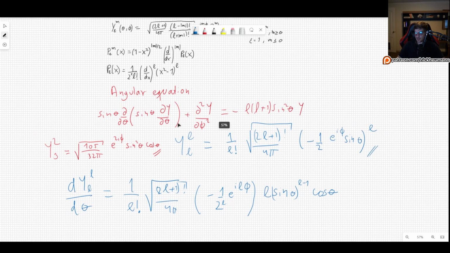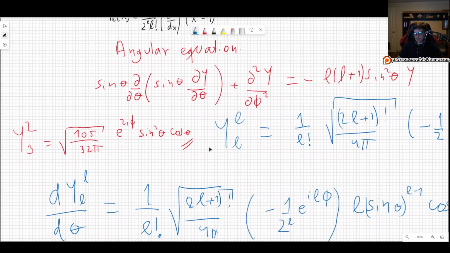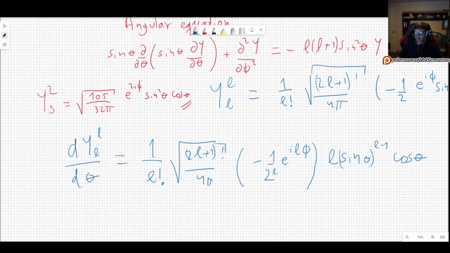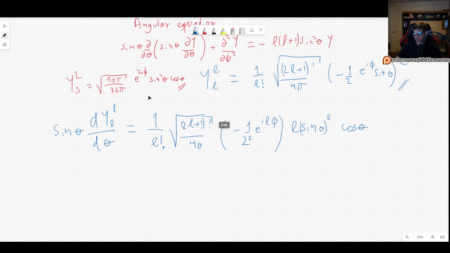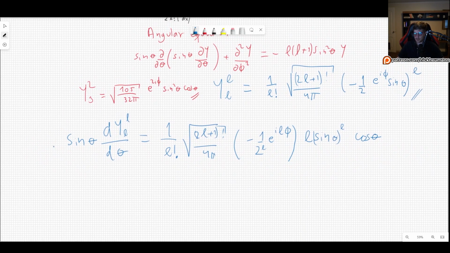That's the derivative. Then we need to multiply this by sine. So when we multiply this by sine, well, we get sine theta to the L again. So this goes back to being L. Now we have to take another derivative with respect to theta. Actually, let me do it like this: sine theta times dY_LL d theta.